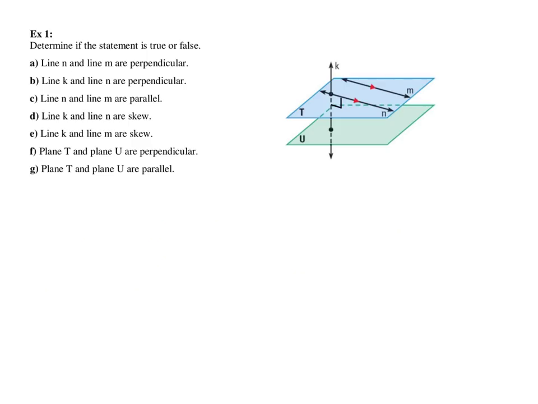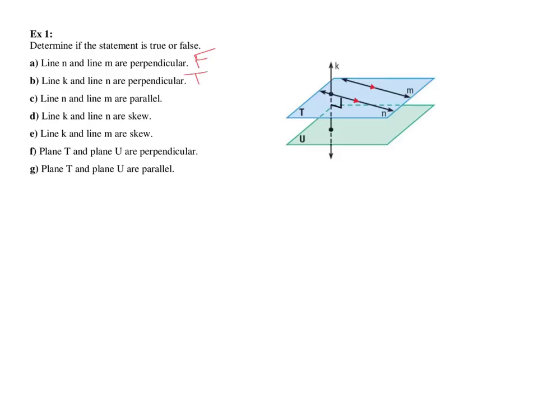Determine if the statement is true or false. Line N and line M are perpendicular. Do line N and line M form a right angle? No, they do not. That's false. Line K and line N are perpendicular.